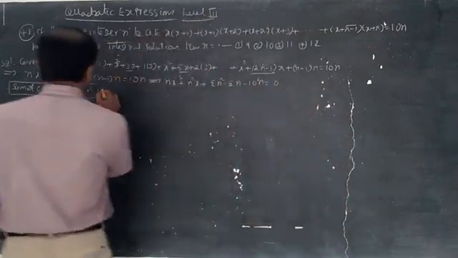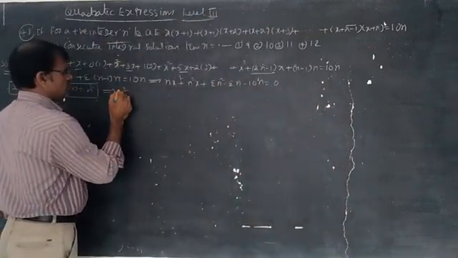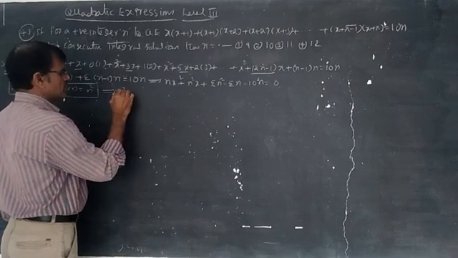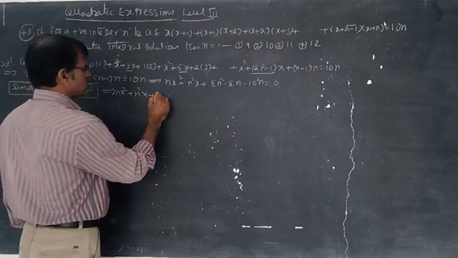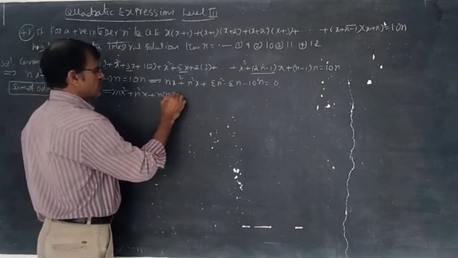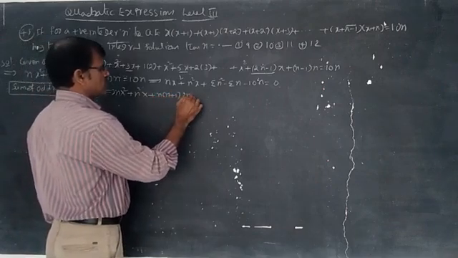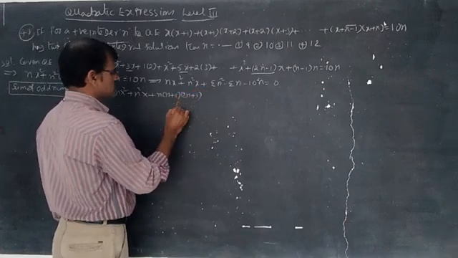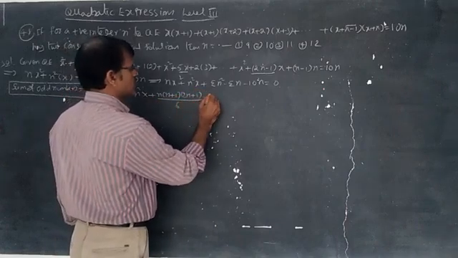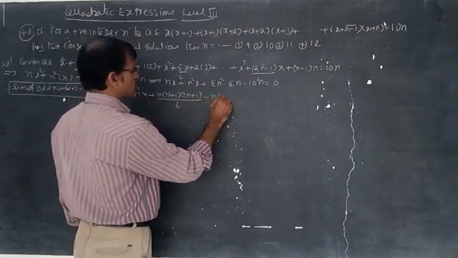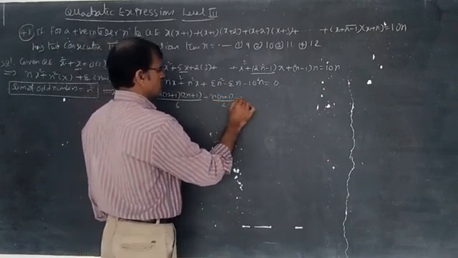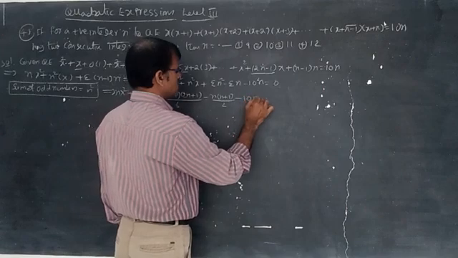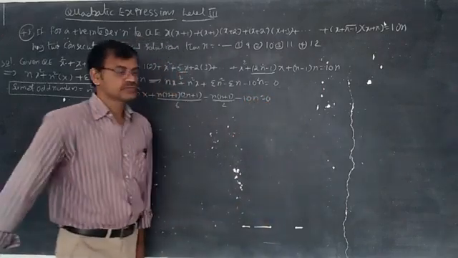That implies n x square plus n square x plus sigma n square, whose formula is n(n+1)(2n+1)/6, minus sigma n, whose formula is n(n+1)/2, minus 10n is equal to 0.